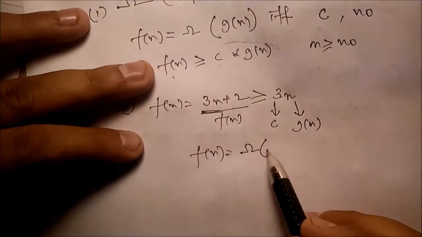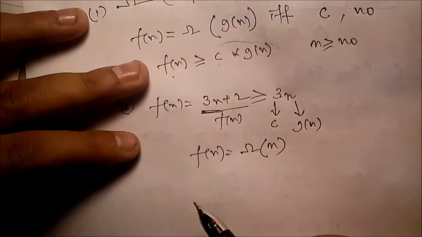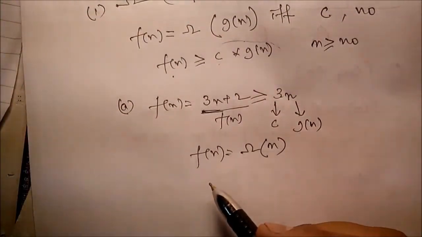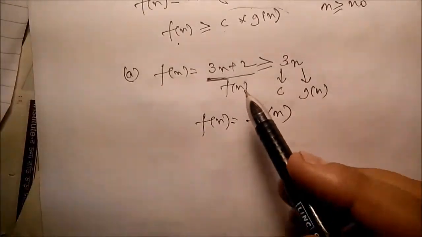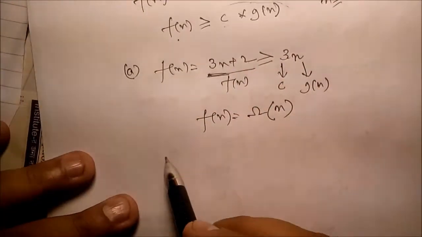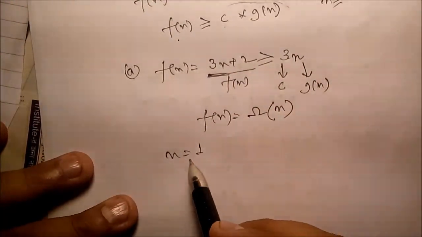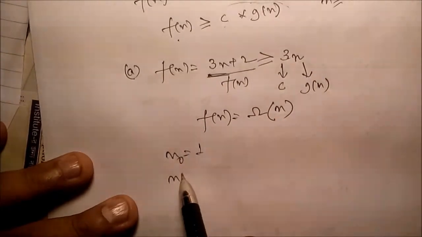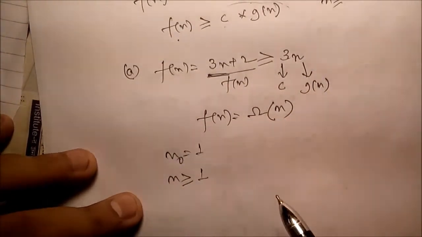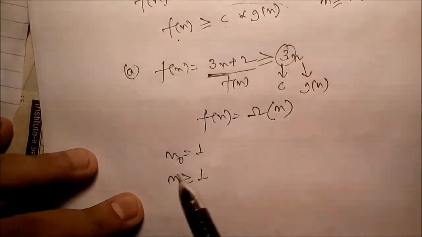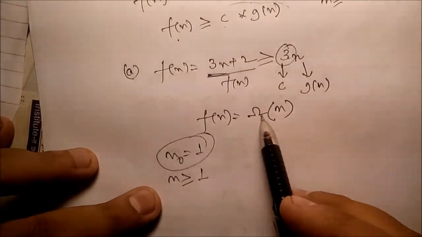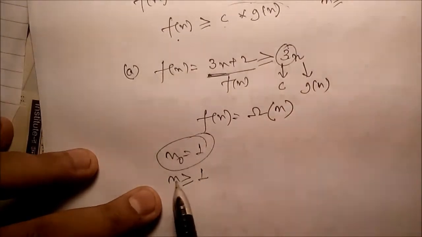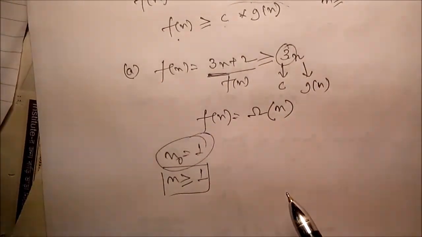What is g(n)? g(n) is n. It is true for n equal to 1, so n0 is equal to 1, n ≥ 1. So the constant is 3 and n0 is 1, and we can write f(n) = Ω(n) for n ≥ 1.